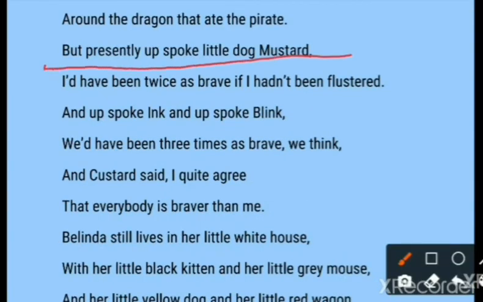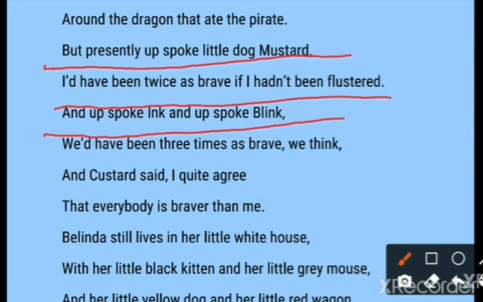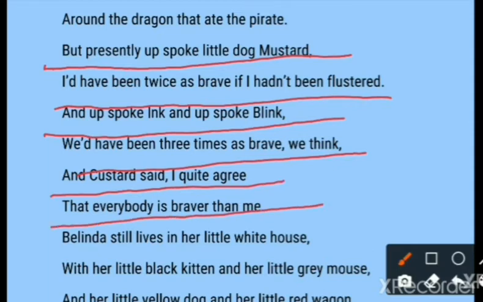But presently up spoke little dog Mustard, I'd have been twice as brave if I hadn't been flustered. And up spoke Ink and up spoke Blink, we'd have been three times as brave, we think. And Custard said, I quite agree that everybody is braver than me.